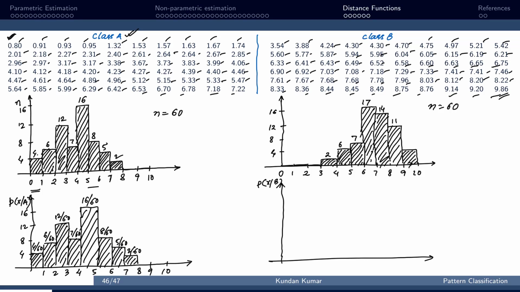similarly we can compute the probability density function of class B. So here 1, 2, 3 will be 0 by 60, so it will be 0.